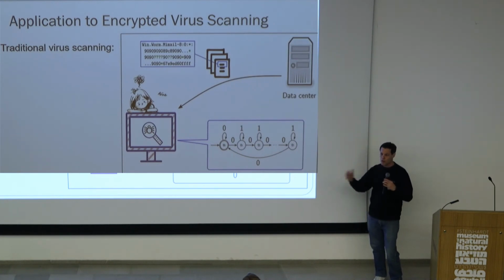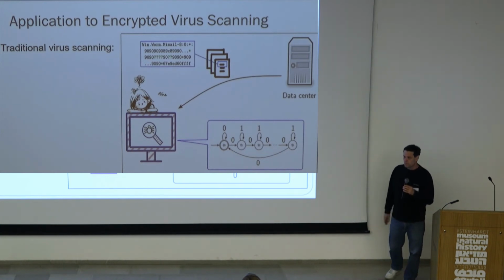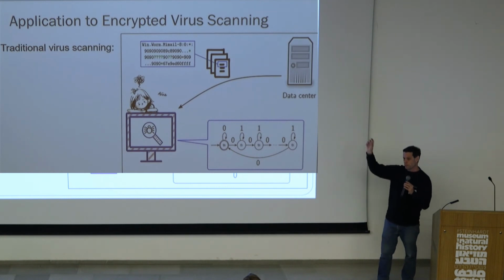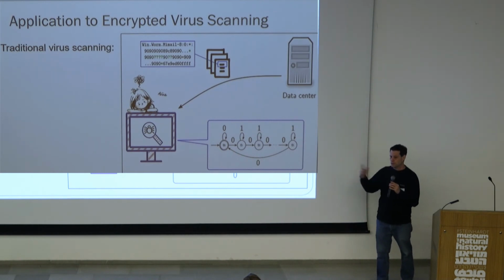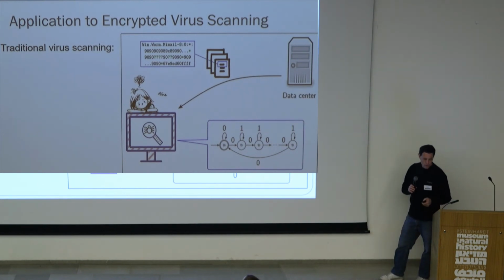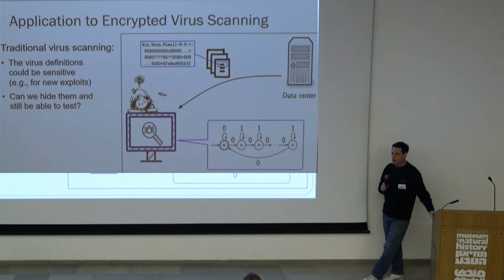And what these virus definitions are really just regular expressions. I mean, if it matches these 5 regular expressions, then you have the virus, essentially. And also a very simple regular expression at that. A few things should be particular characters, everything else could be anything at all. So this is how virus definitions typically work, and the question that started us thinking about it is what happens when the virus definition itself could be sensitive.